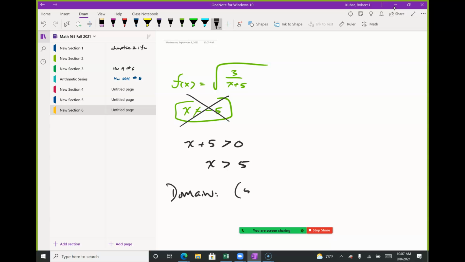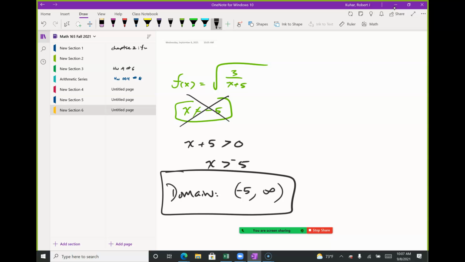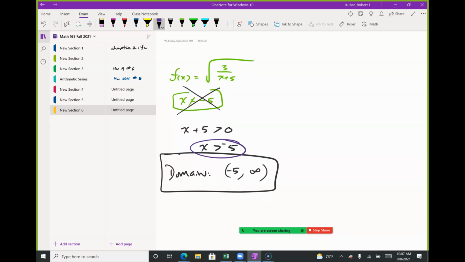It's the numbers from negative 5 to infinity, and that's it. Is that making sense? May have confused a couple of you there, but when I move that 5 to the other side, it becomes negative, right? And it says x must be greater than negative 5, so I can't allow a negative 5, so it's not in my domain.